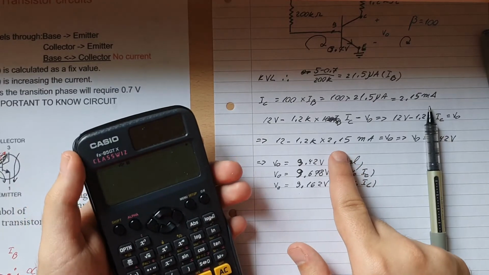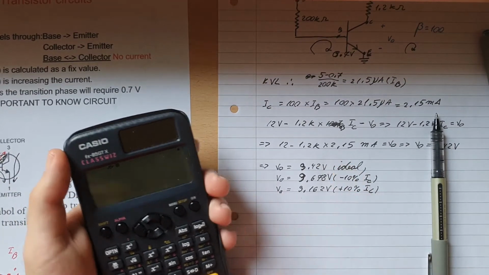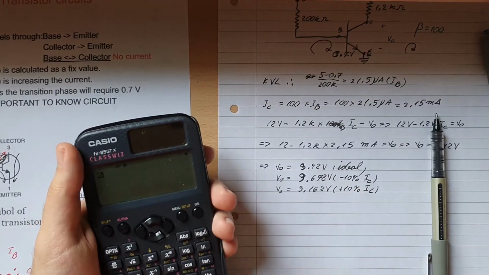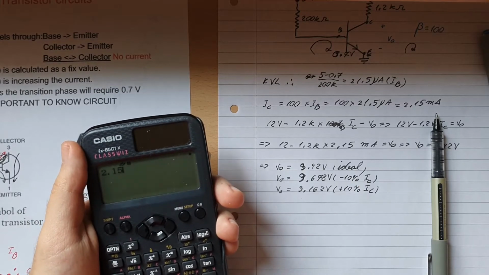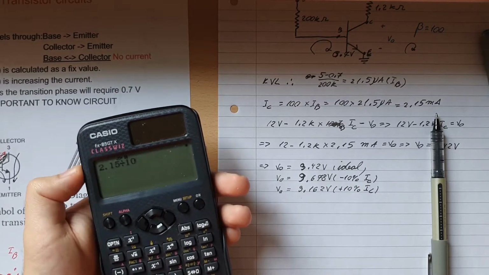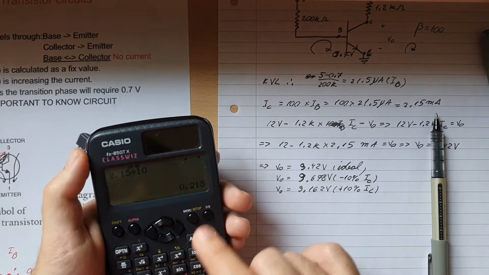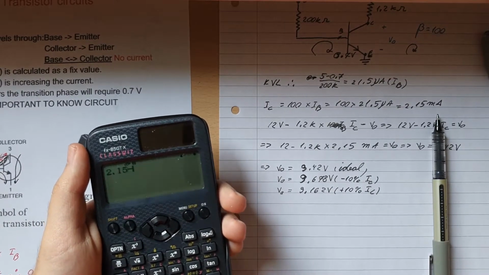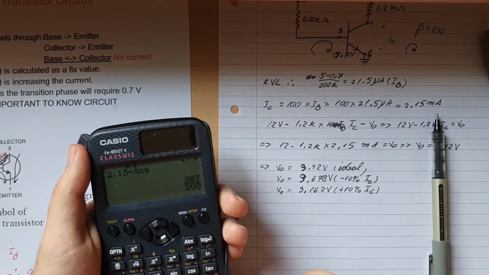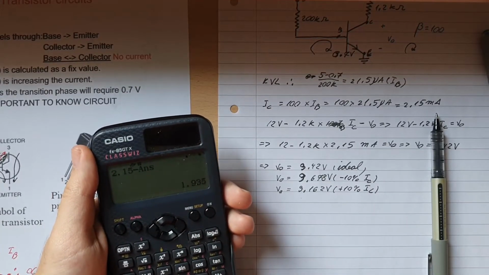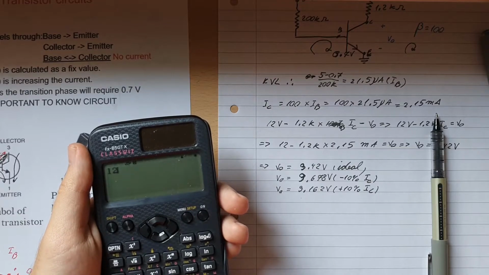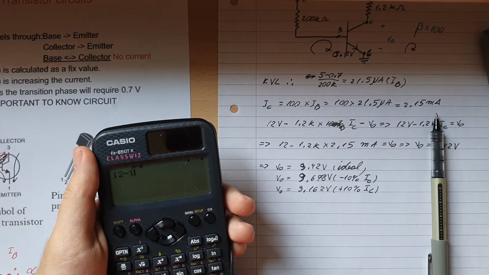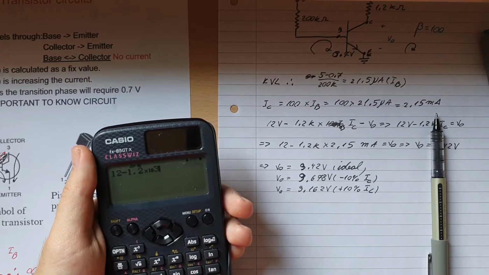So let's say this one, 2.15, the IC will make it 10% lower, so 2.15 divided by 10, that will be 0.125. So we'll do 2.15 minus that answer, and that will give us this current here. Then we can do 12 minus 1.2 times 3 times the answer.